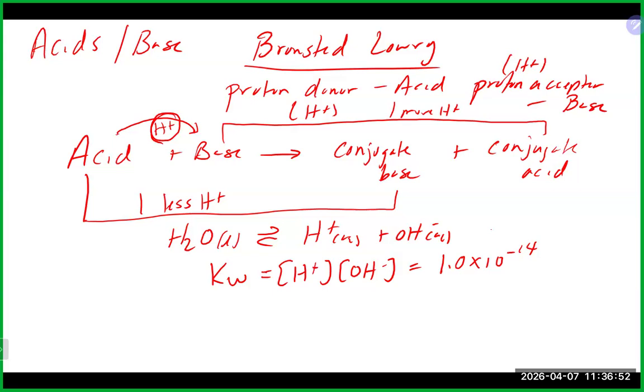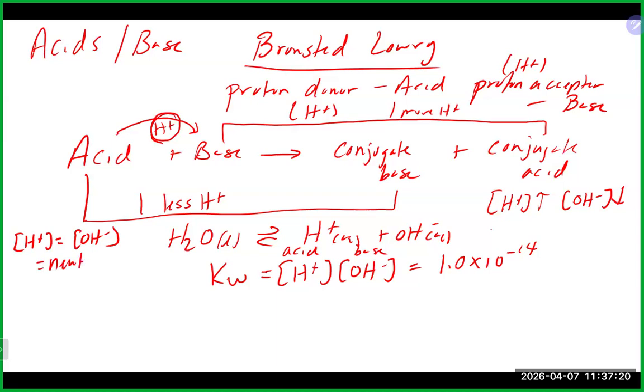What this allows us is to compare our acid part of the solution to the base part of the solution. The relationship between H plus and OH minus is an opposite relationship. So as one goes up, the other goes down, and vice versa. So if our H plus concentration equals our OH minus concentration, then we have a neutral solution, pH of 7.